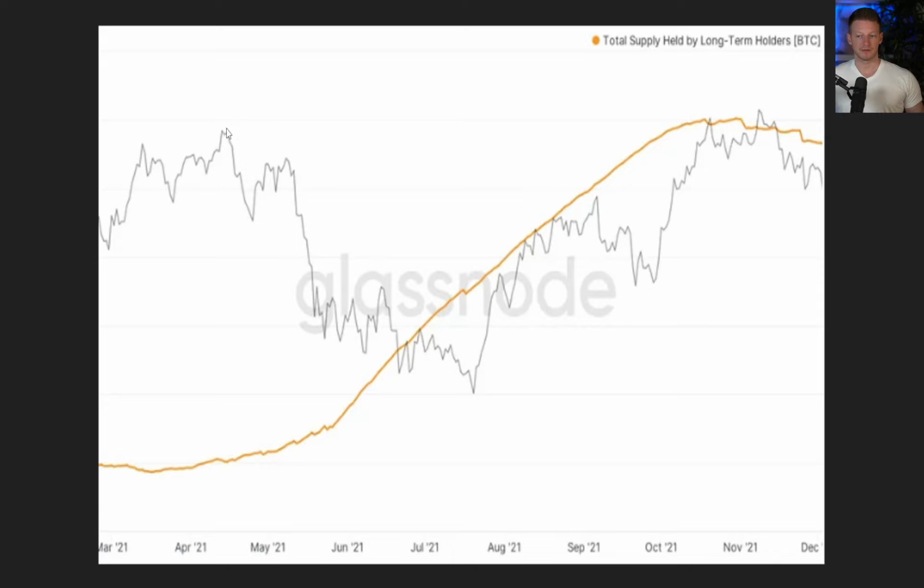But perhaps the bigger reason, China has been cracking down on its population and essentially forcing them to sell their assets. In addition to this, the exchanges have been giving the Chinese market deadlines to exit the market, or they will no longer have access to their assets.